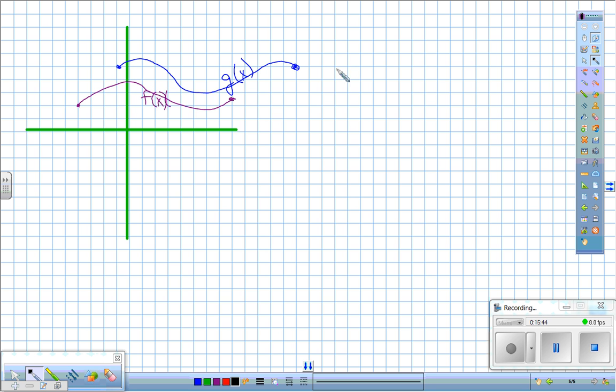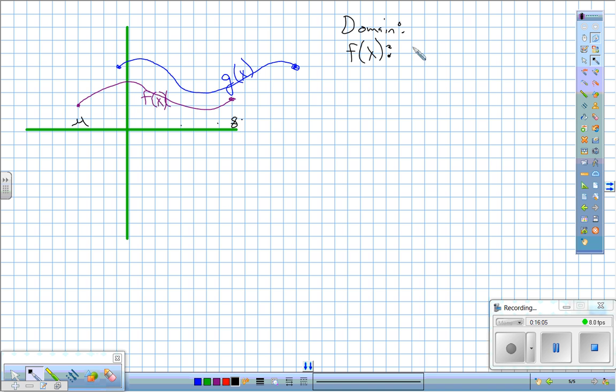So the domain of f of x, okay, so this goes from -4 to 4, 5, 6, 7, 8 to +8.